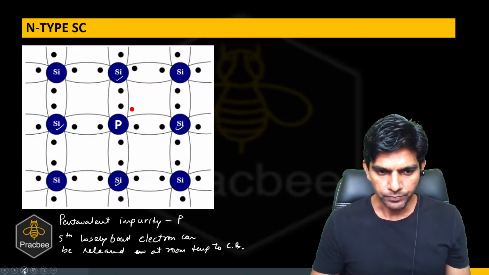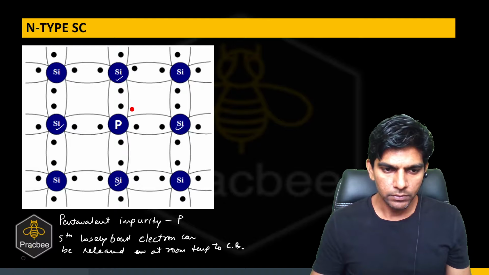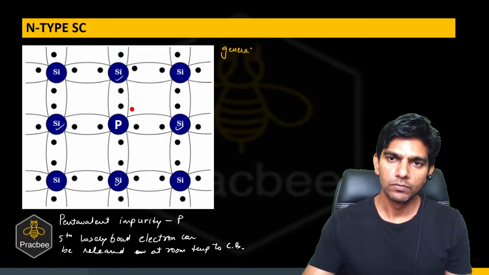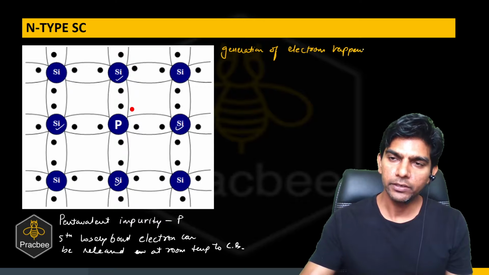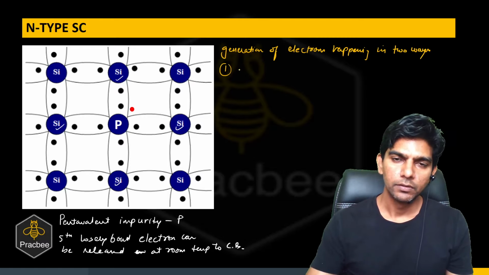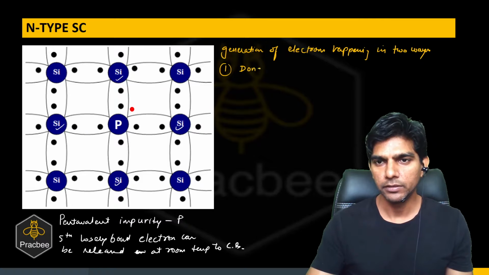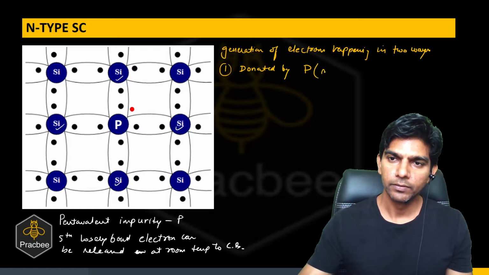Now the generation of electrons is happening in 2 ways. So first, we can say some of the electrons will be donated by the phosphorus, which is our donor atom.